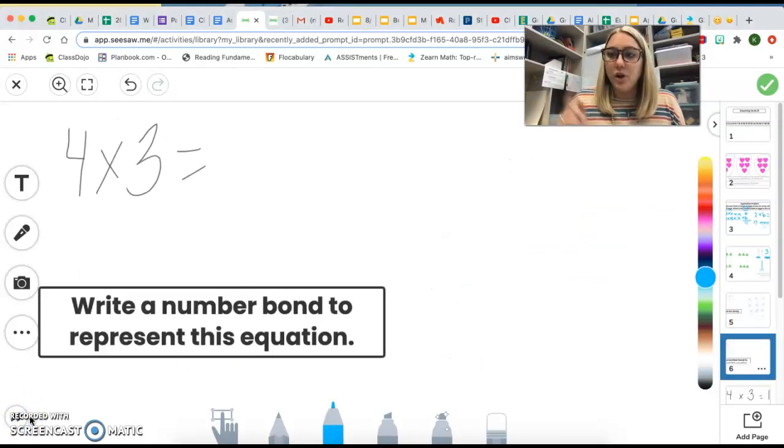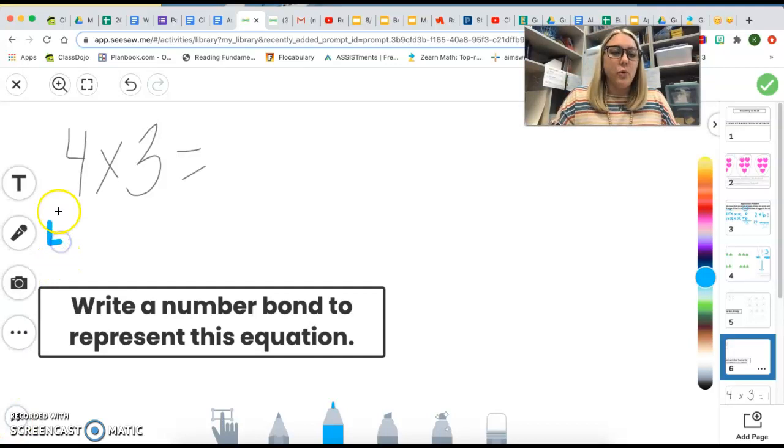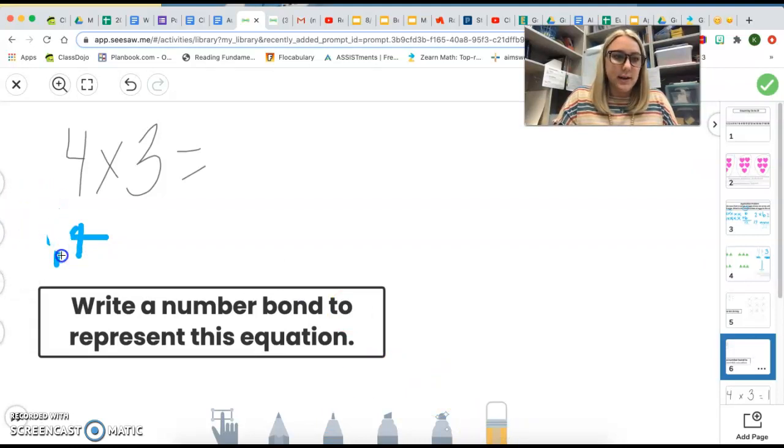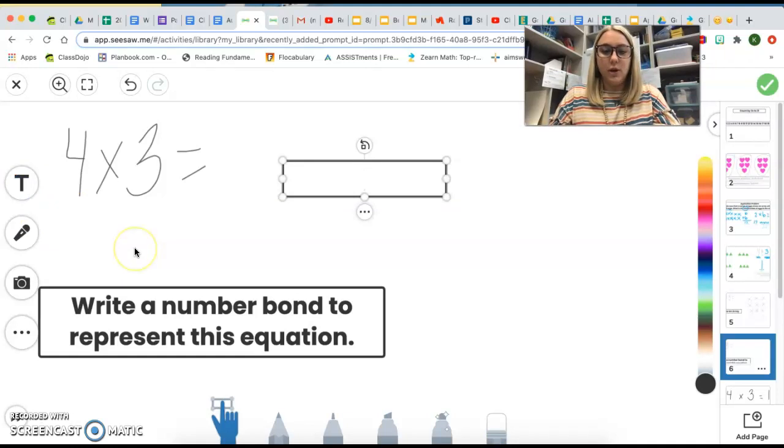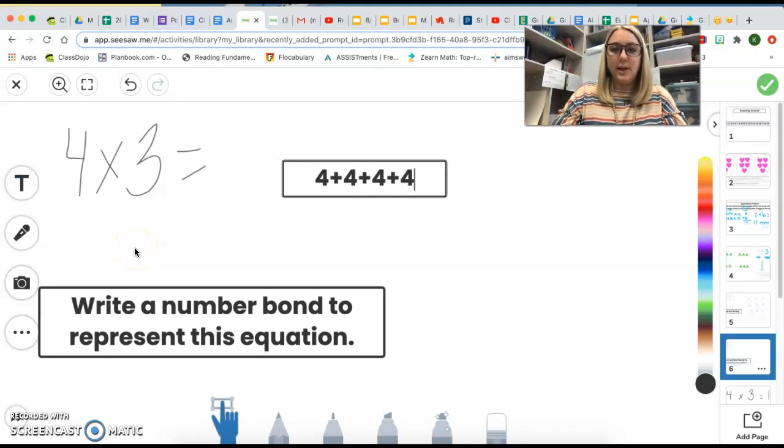Okay, so now that we've drawn an array, we're now going to find the amount that we have. So we're going to use repeated addition to do that. So I'm going to do 4 plus, you know what, I'm going to use the text tool instead. That's going to be a little bit too messy. So I'm going to do 4 plus 4 plus 4 plus 4.